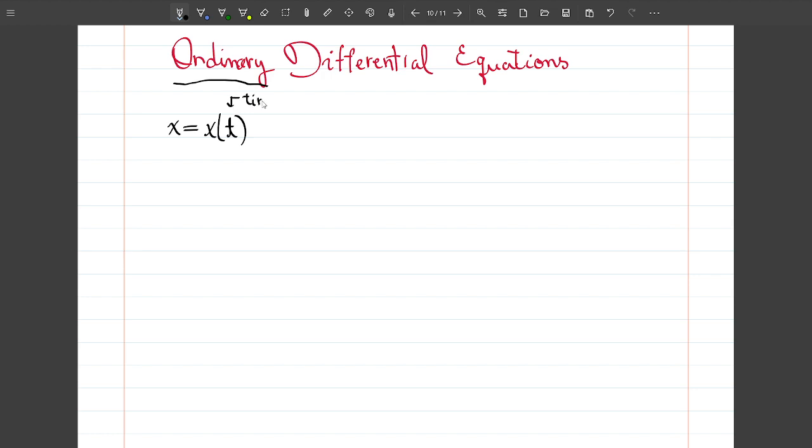Let me write this. And let's say this function is defined in an interval I equals (a, b). That's a real interval.